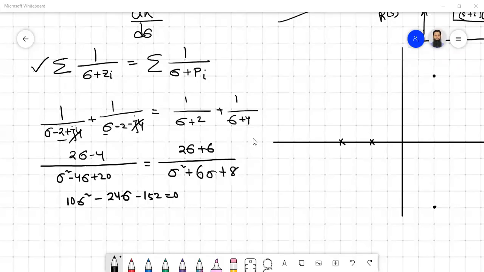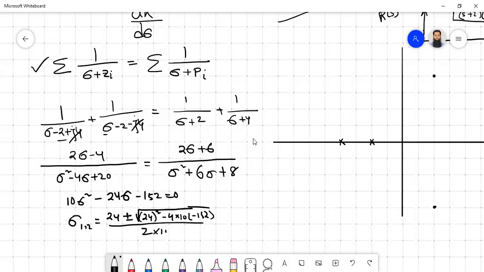Now try to solve for sigma 1, 2. This will give us minus 24 plus minus square root of 24 whole square minus 4 into 10 into minus 152, divided by 2 into 10.